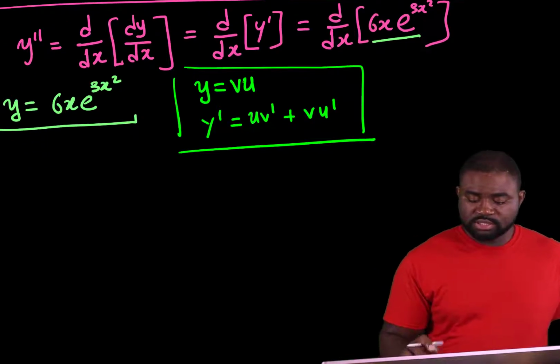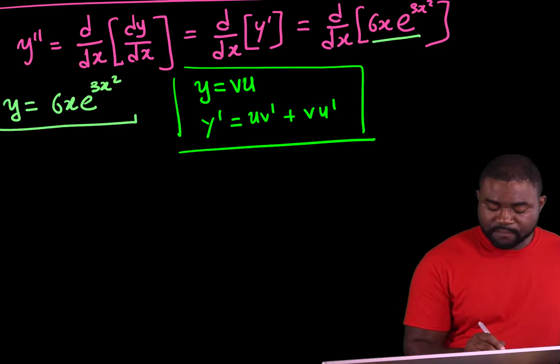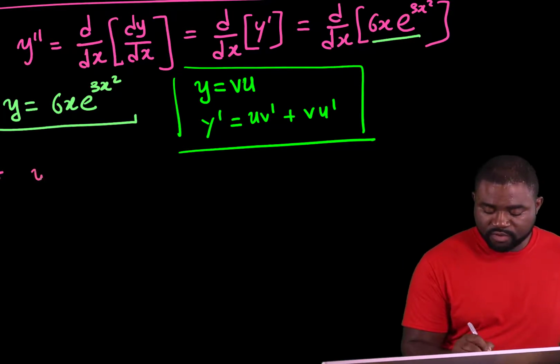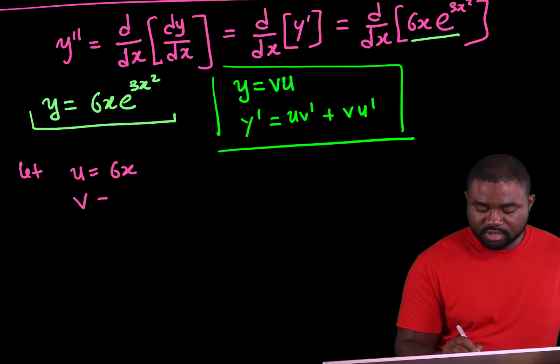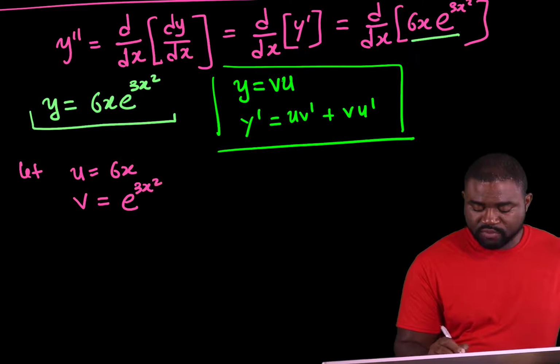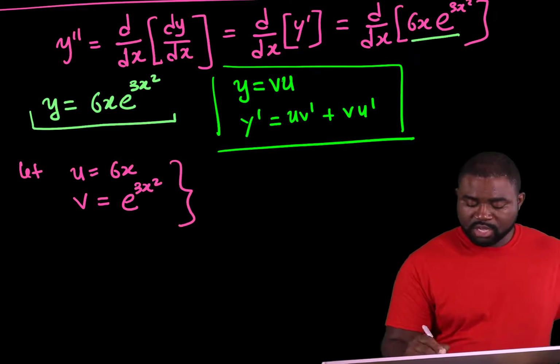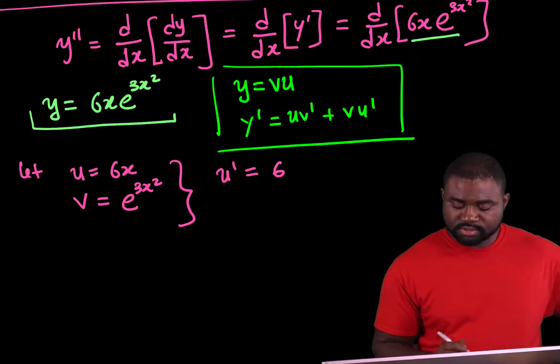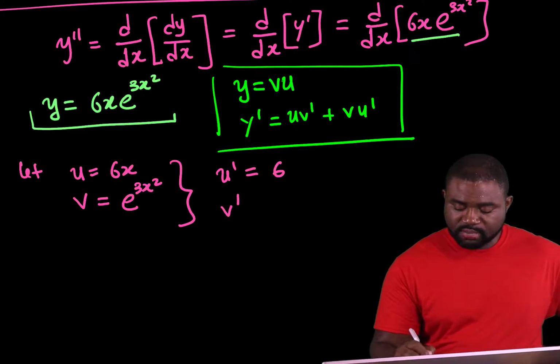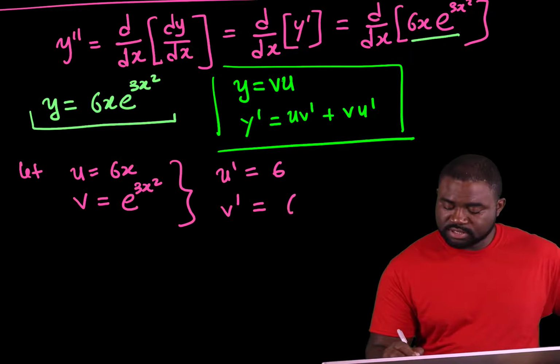So let's therefore say that u is equal to 6x and v is equal to e raised to the power 3x². That means that u prime is just equal to 6 and v prime is equal to 6x e raised to the power 3x².